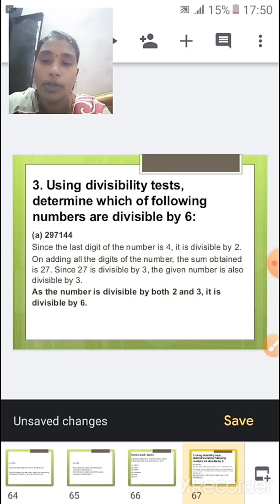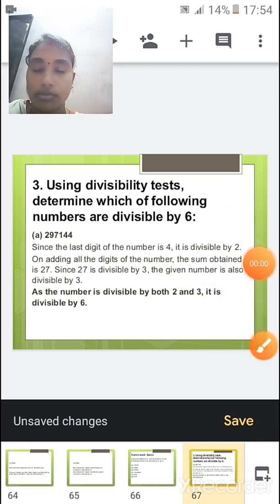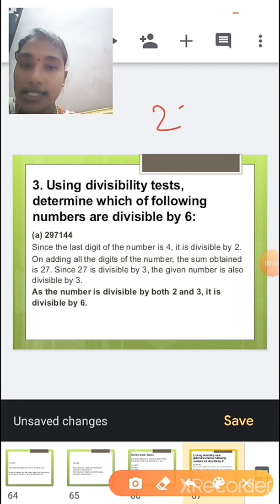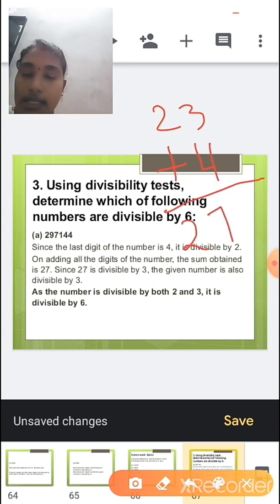So the third sum we have is, using divisibility test, determine which of the following numbers are divisible by 6. Now 23 plus 4 will give you 27.